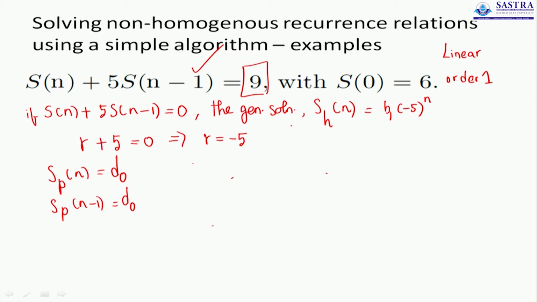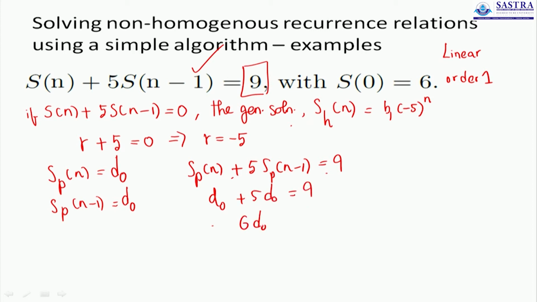So, what will happen is Sp of n plus 5 Sp of n minus 1 give us 9 according to the question, which means d naught plus 5 d naught is going to give us 9, or 6 d naught is going to give us 9, which means d naught is 9 upon 6, which is 3 by 2.